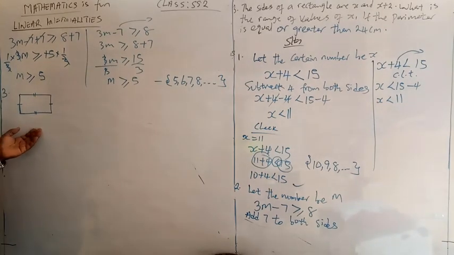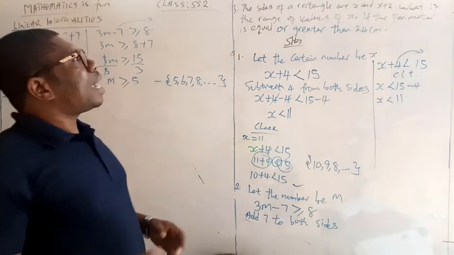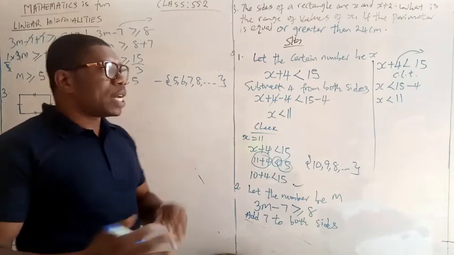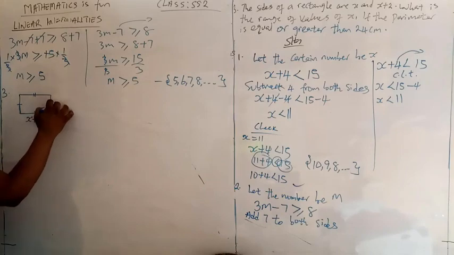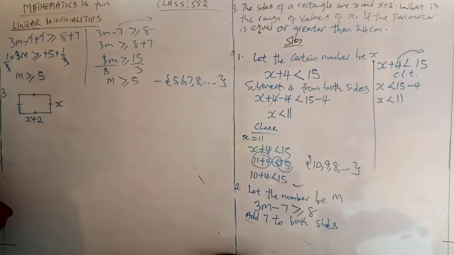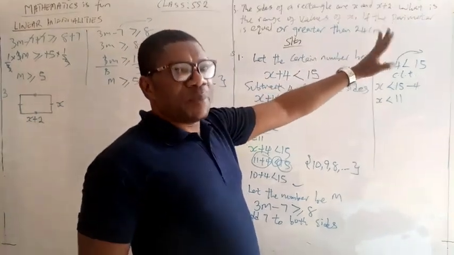Now, if this is a rectangle, of course, you know you have the length longer than the width, the breadth. So if the statement says the sides of a rectangle are x and x plus 2, that shows that the length is x plus 2 and the breadth is x. So that's one. It says I've been given the perimeter.